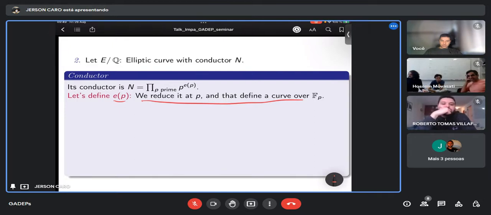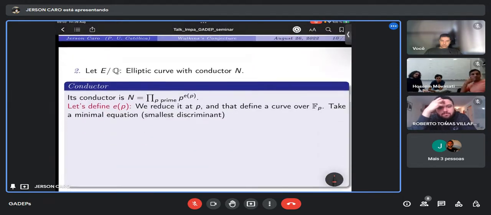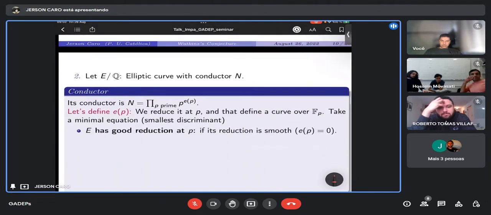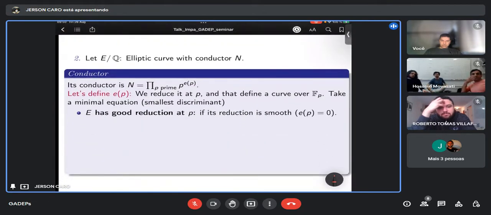The thing is that we reduce this equation modulo p, then we have a curve defined over F_p, the finite field with p elements. When this reduction is good, so it's non-singular, we say that E has good reduction at p.